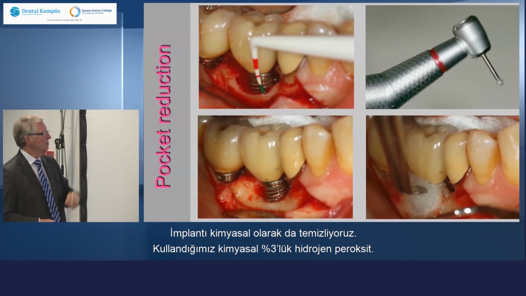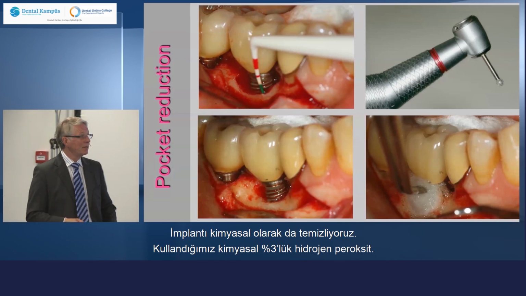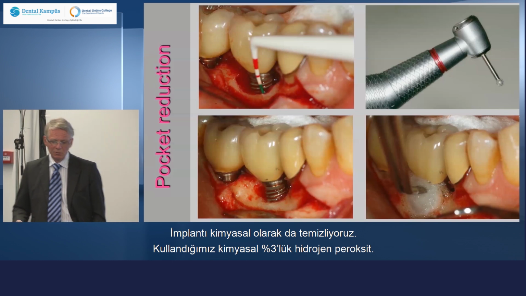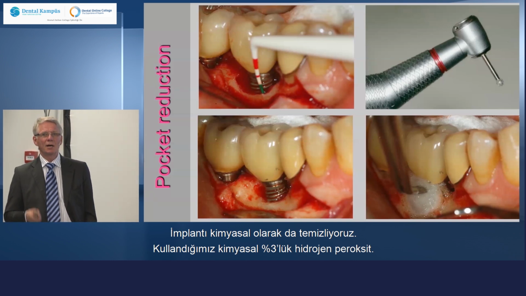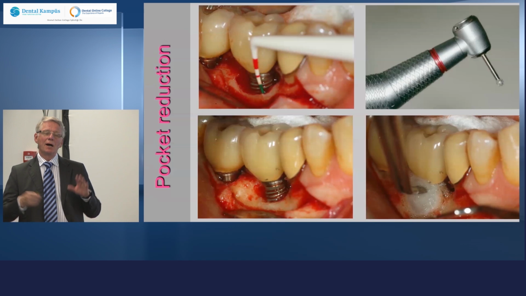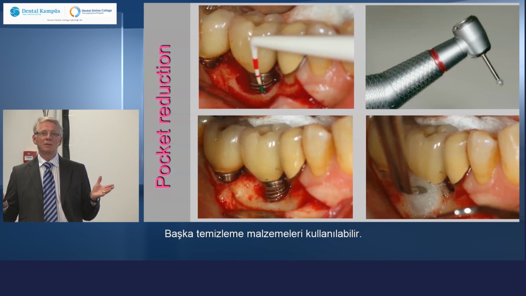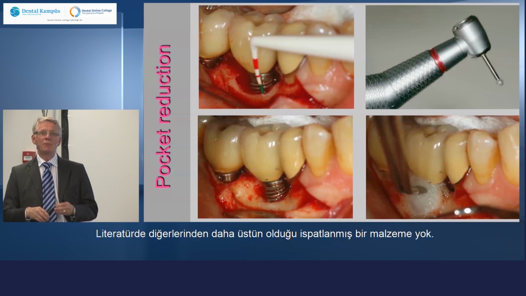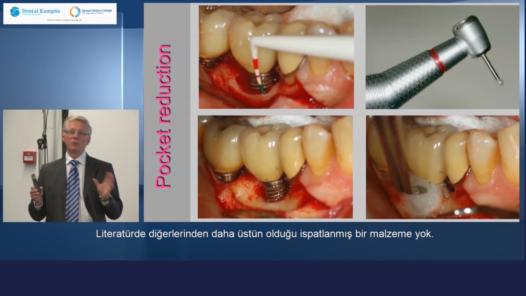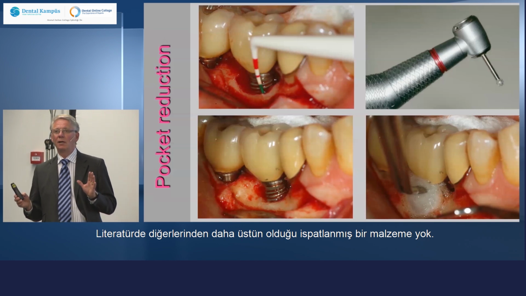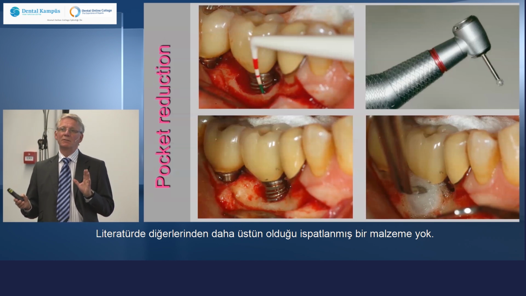We clean, as you can see, even the implant chemically, and the chemical we are using is 3% hydrogen peroxide. Other cleaning materials or substances could be used, and there is really, in the literature, no material or substance that is proven to be better than the other.